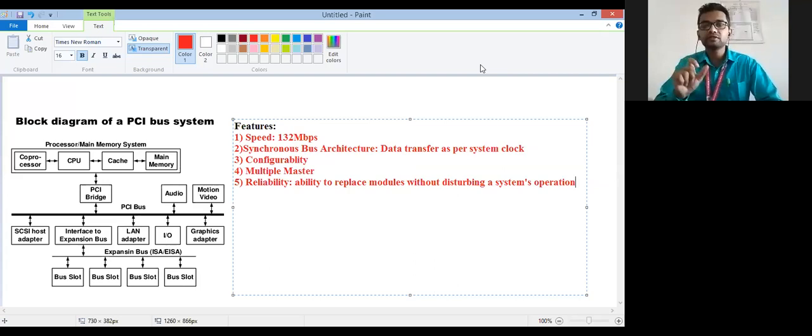Generally we consider logic 1 from 3.3 volt to 5.5 volt, and 0 to 1.5 volt is considered logic 0. So all devices and components which operate in the range from 3.3 to 5 volt can be connected to the PCI bus. So it has a signaling environment from 3.3 to 5 volt.